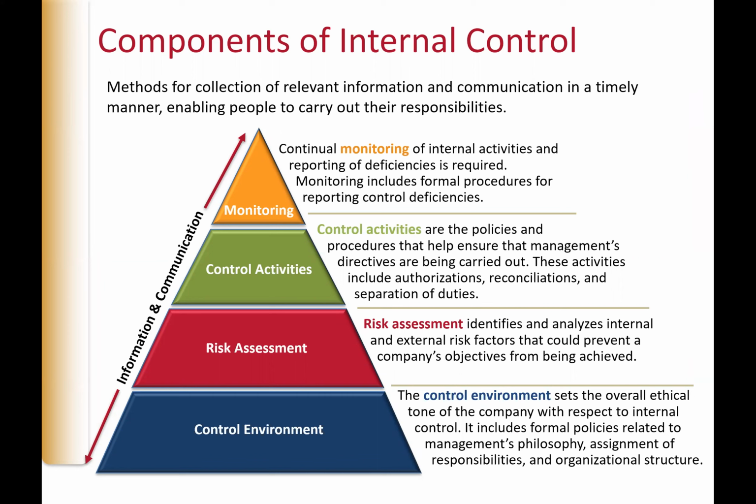Every company has a tone, the overall feel of how they handle even sales, how they handle ethics. So we call the control environment the overall ethical tone of the company with respect to internal controls.